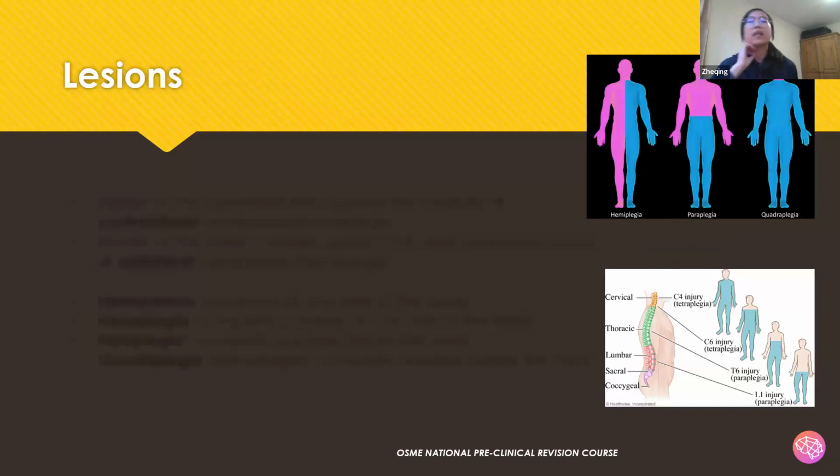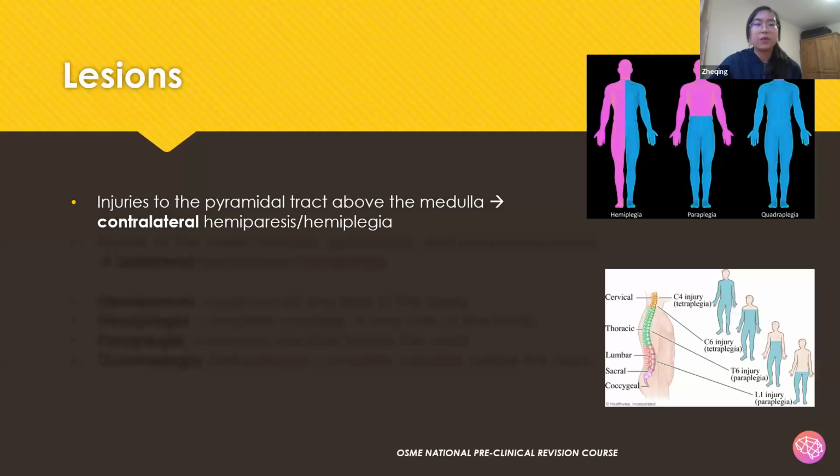So in terms of lesions, as I mentioned, when you know the anatomy, the effects of the lesions become quite logical. So if you have, for example, injuries to the pyramidal tract above the medulla, that's before they decussate, then you tend to get contralateral hemiparesis or hemiplegia.